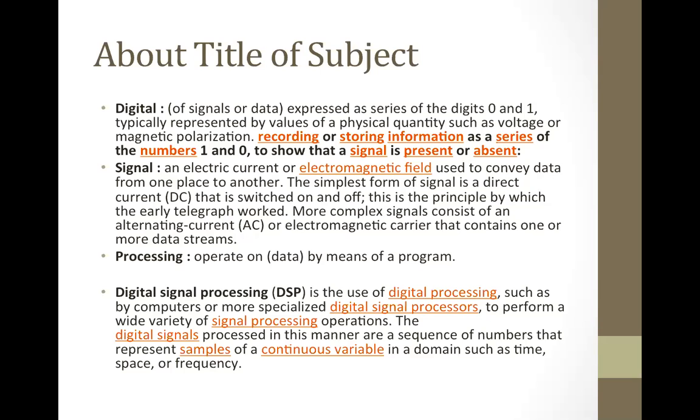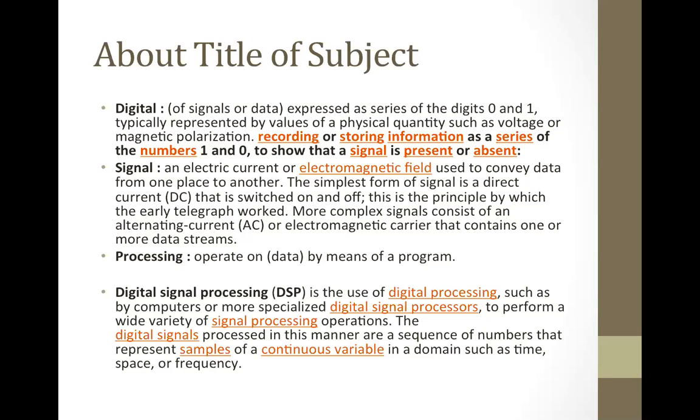Digital signal processing, in general, we say that it uses specialized ICs or digital signal processors to perform a wide range of signal processing upon the signal. The signal may be in the time domain or the frequency domain.